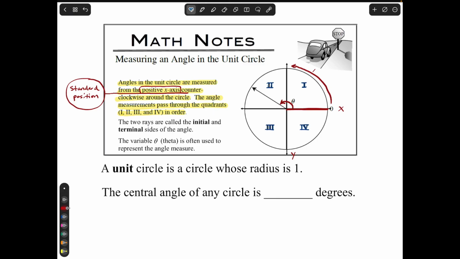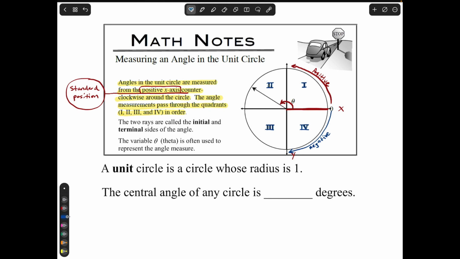So our positive angles are measured counterclockwise. And if we measured going the other direction from the standard position, these ones would be negative angles. I know these are all things that you've hopefully learned in the past, but we're reviewing them just to make sure that we're all on the same page moving forward.